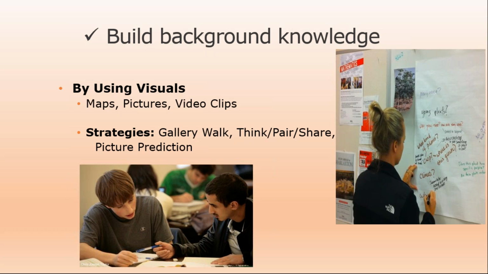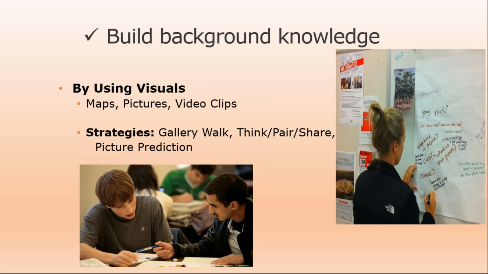One of the ways of building background knowledge is by using visuals. All kinds of different visuals: maps, pictures, video clips, anything you can do to provide students with that visual to build that context or schema, to use a literacy word, before they go to the reading will automatically give them something to hook that new information to.